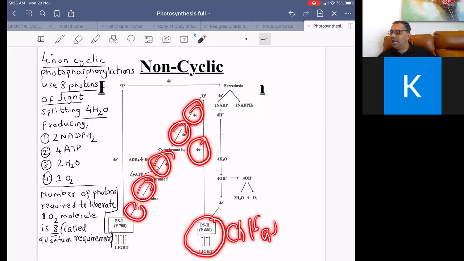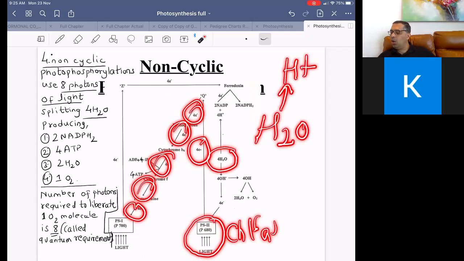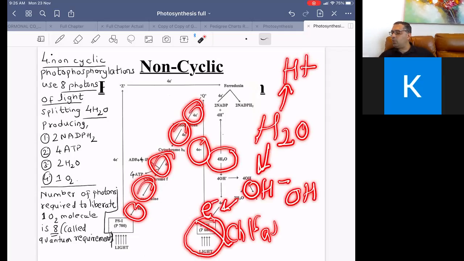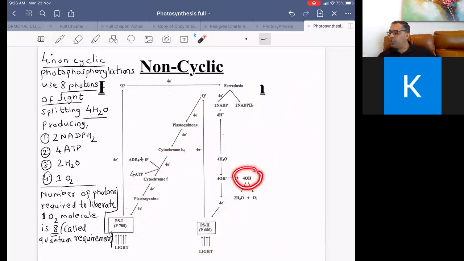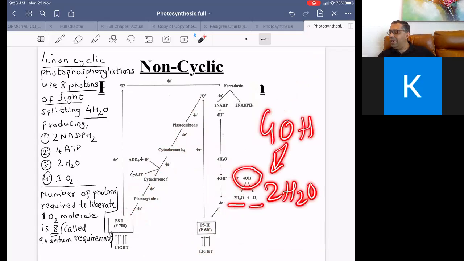This is the transfer of electrons, and in the presence of light, H2O splits to form electron and proton, H plus and OH minus, and from OH minus the electron goes to chlorophyll A, and OH, OH, OH, OH, so 4 hydroxyls form 2H2O and give out oxygen as free gas.